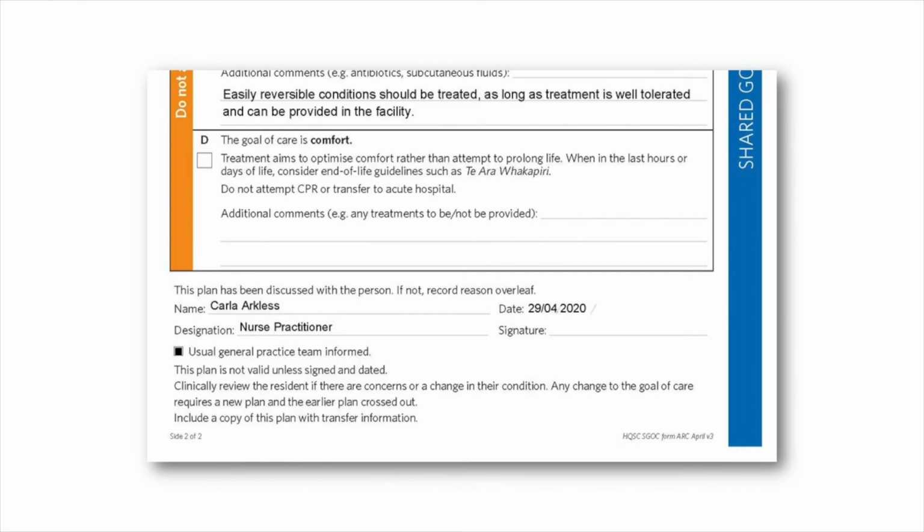So I would review the form with Mary before I sign it to give her the opportunity to review what's documented and to share any reflections she may have had after our conversation.